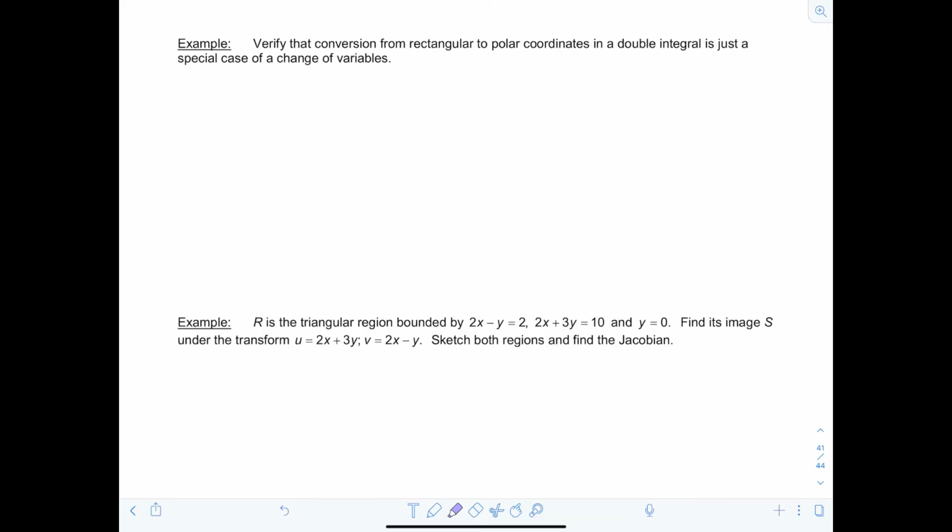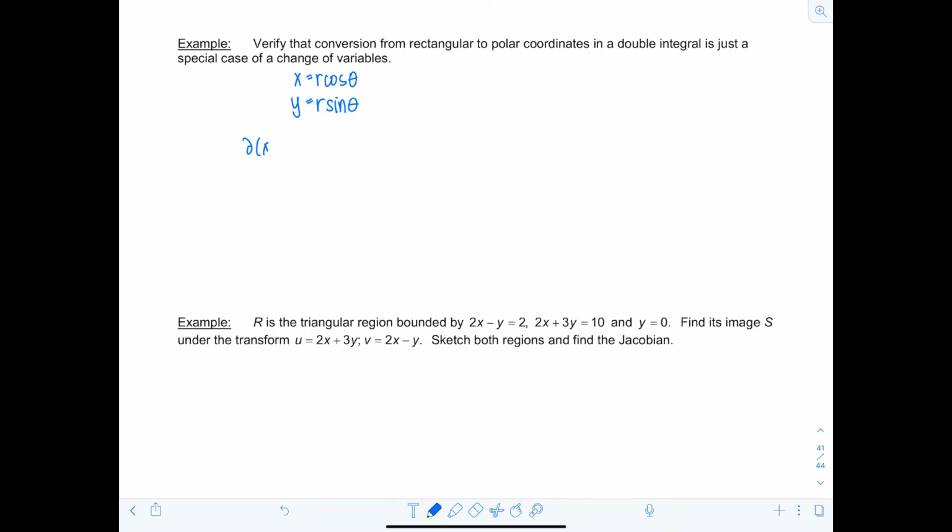So remember, in the video lecture covering double integrals in polar coordinates, we developed our reasoning to figure out what dA would be in polar, and we know it's r dr d theta. But now we're going to see that it's just a special case of a change of variables. So how do you change from the xy plane to polar? Well, we just use the fact that x equals r cosine theta and y is equal to r sine theta. So let me figure out what the Jacobian would be for this transformation.